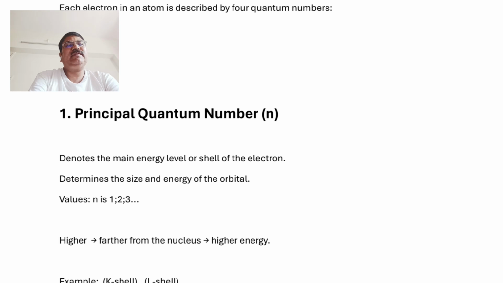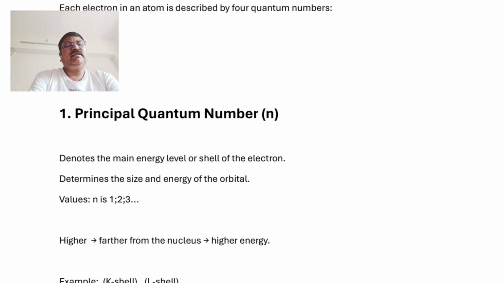So n equal to 1 means the electron is present in the first energy level. In the same manner, n equal to 2 is the second energy level, n equal to 3 is the third energy level.